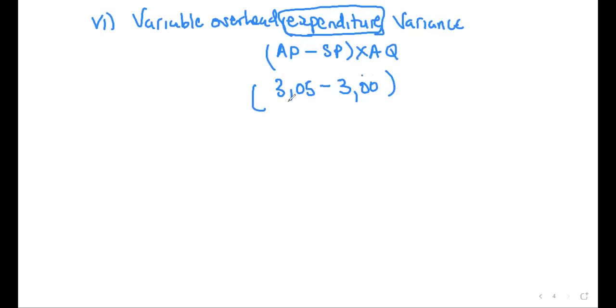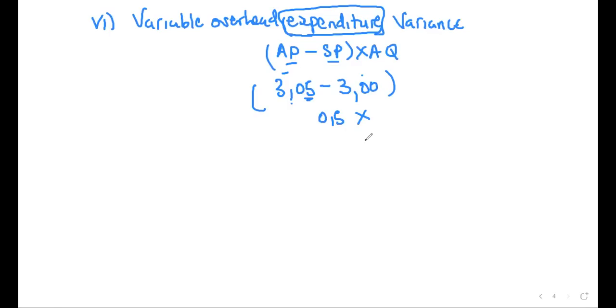Is this going to be favorable or unfavorable here? It's going to be unfavorable. This one is 5 cents, so it's going to be 0.05 times how many hours worked.